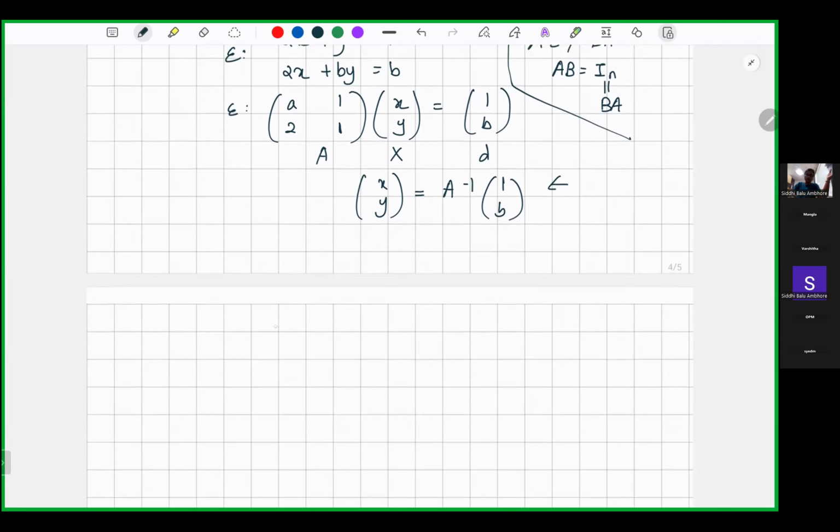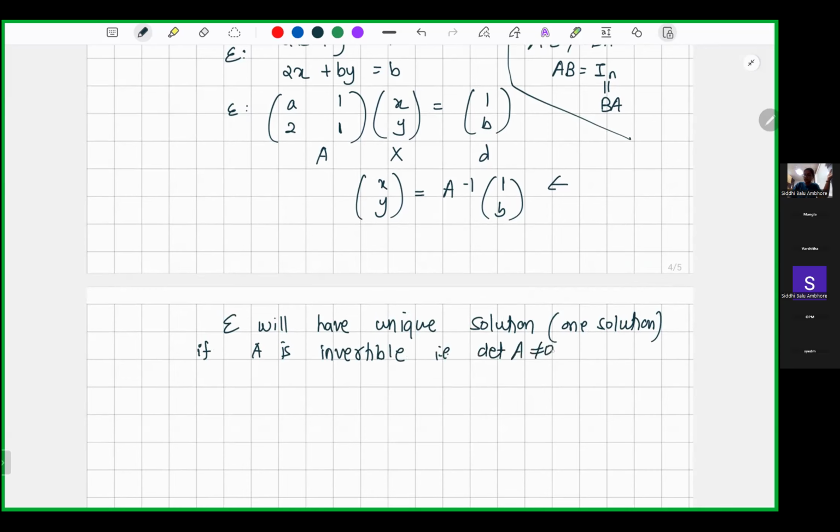This system will have a unique solution if A is invertible, that is, if the determinant of A is non-zero.